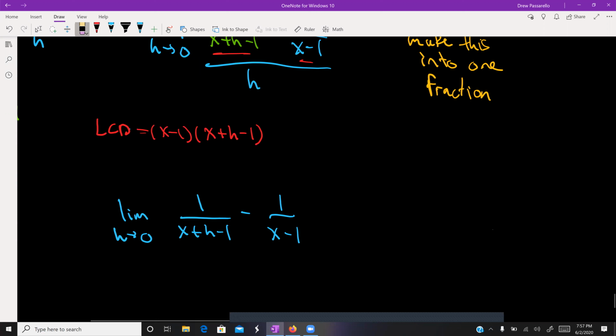So I need to multiply the first fraction, top and bottom, by x minus 1. That way it has x minus 1 and the x plus h minus 1. The second fraction has the x minus 1. It's missing the other part, x plus h minus 1. So that's what I multiply the second fraction top and bottom by.